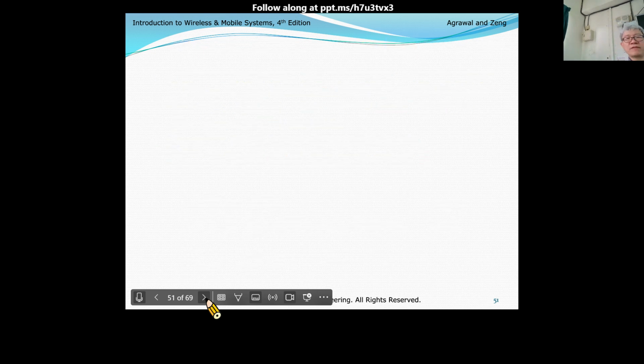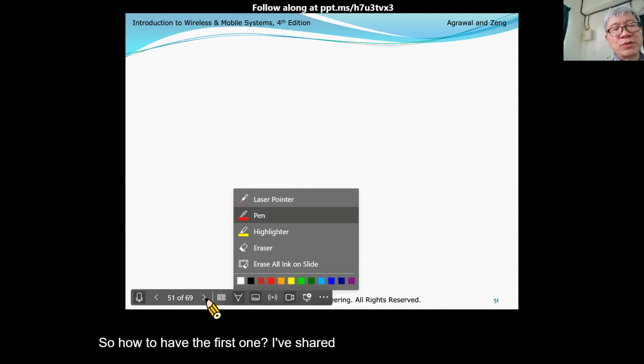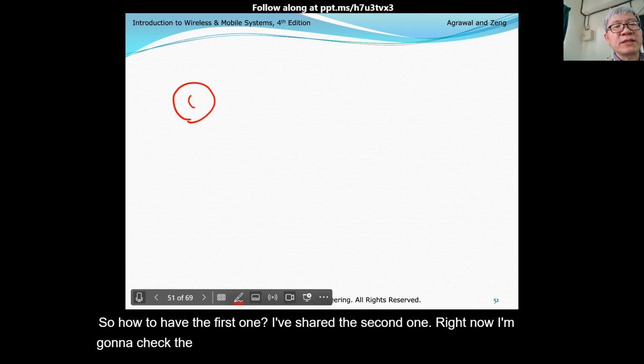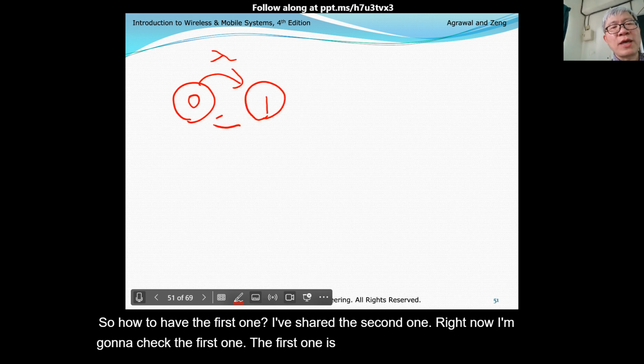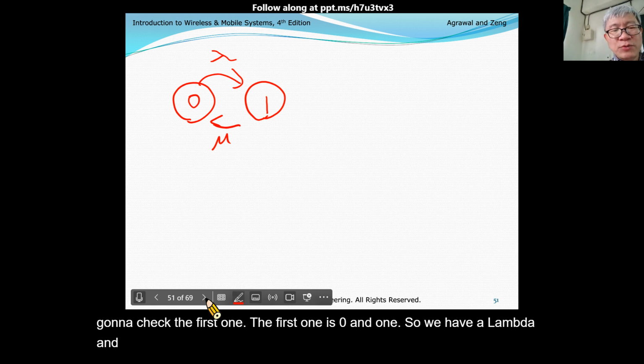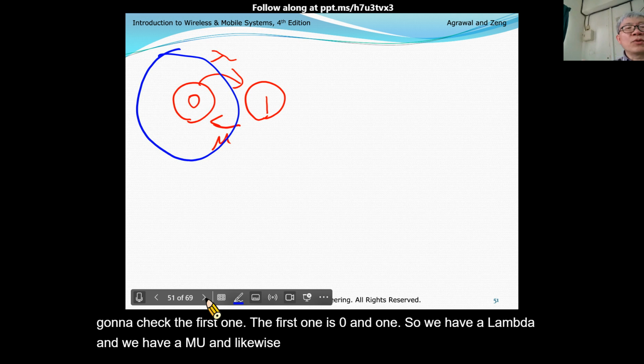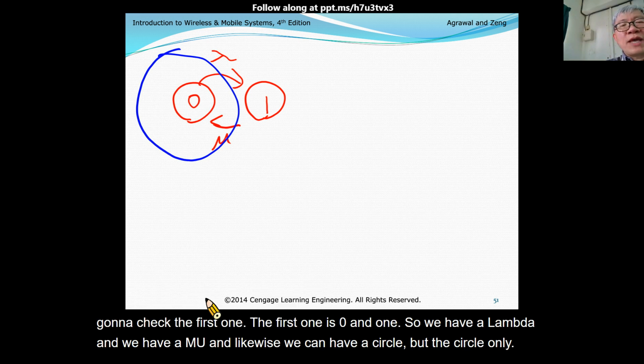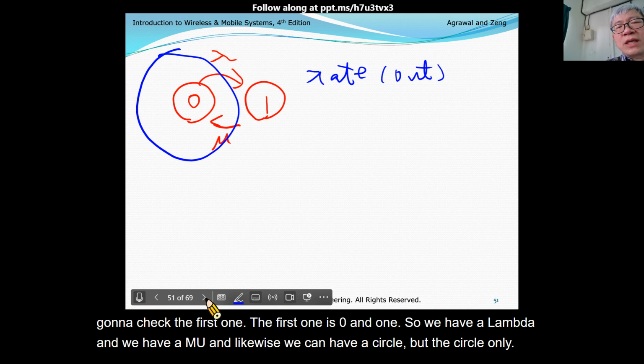So how to have the first one? I've checked the second one, but right now, let's check the first one. The first one is 0 and 1. So we have a lambda and we have a mu. And likewise, we can have a circle, but the circle only focuses on 0. So we have a rate out, it's this.